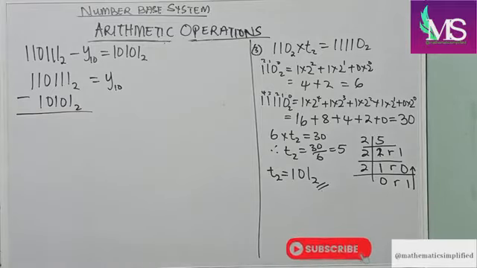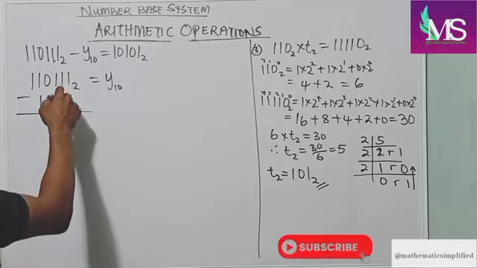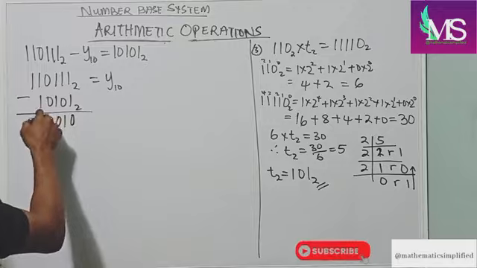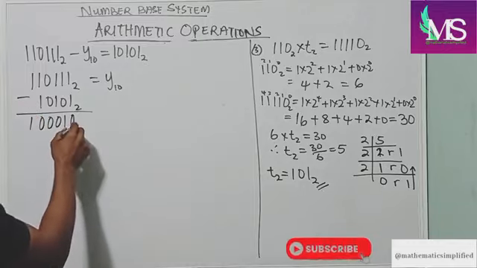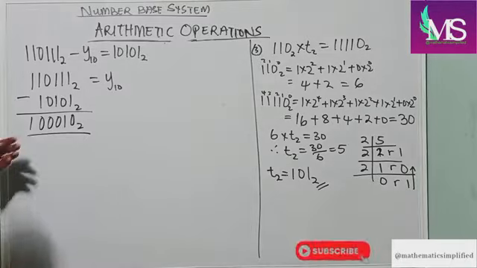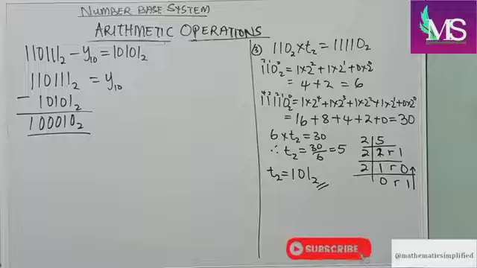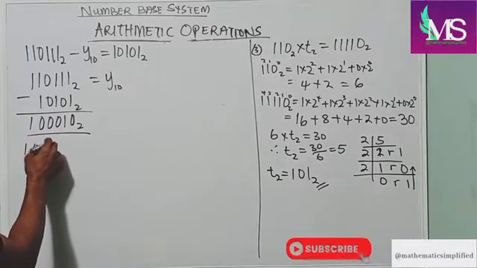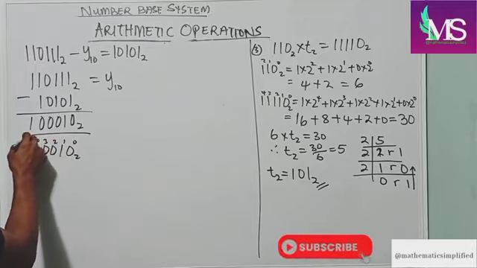Having this, 1 minus 1 is 0, 1 minus 0 is 1, 1 minus 1, 0, 0 minus 0, 0, 1 minus 1, 0, 1 minus 0 is 1, base 2. So we are going to convert it back to base 10. Now converting this to base 10, we have it as 100010 base 2, positions 0, 1, 2, 3, 4, 5.